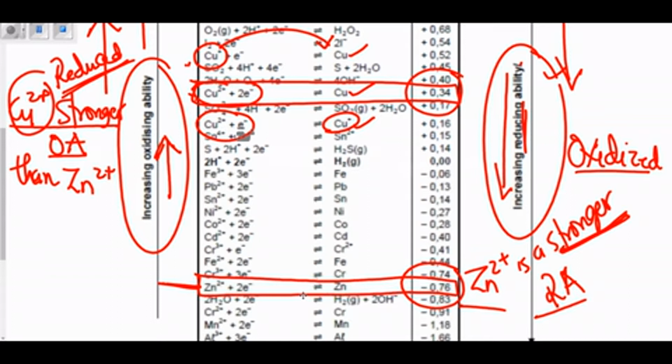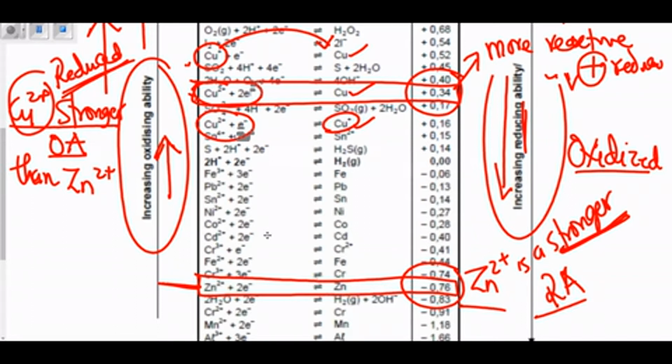Elements that are more reactive are easily reduced. So when you compare, the more positive ones are easily reduced. In case you're not given a table, you could be given values. More positive are easily reduced. More negative are easily oxidized.